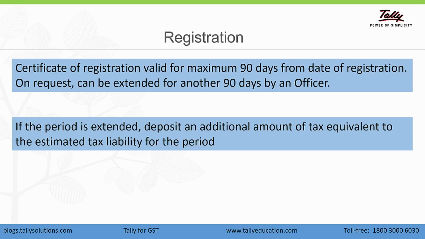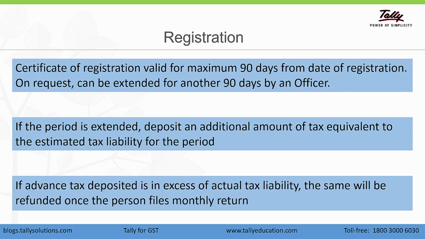The estimated tax liability for the extended period is Rs 30,000. In this case, the casual taxable person must deposit Rs 30,000 while seeking extension of registration. Also, if the advance tax deposited turns out to be more than the actual tax liable, the same will be refunded to the persons once they file their monthly return for the applicable period.